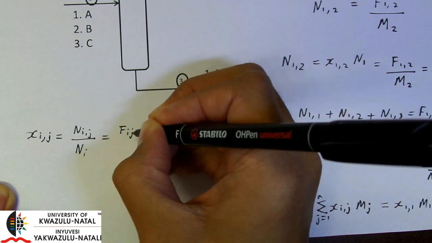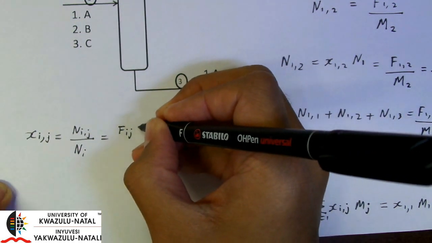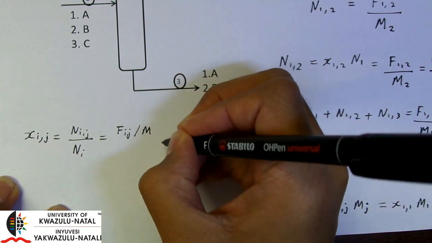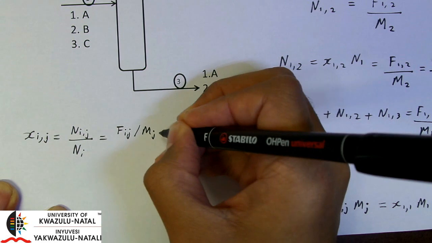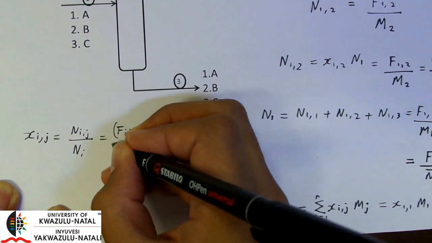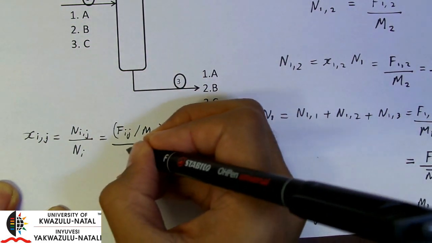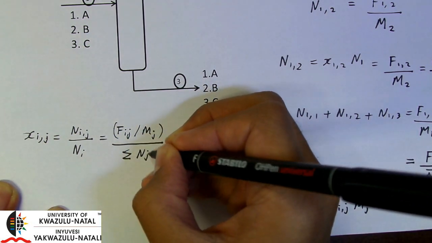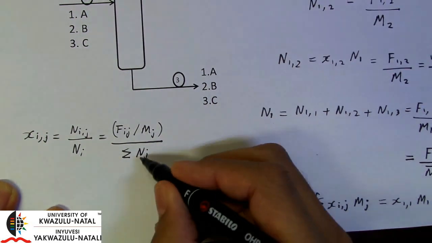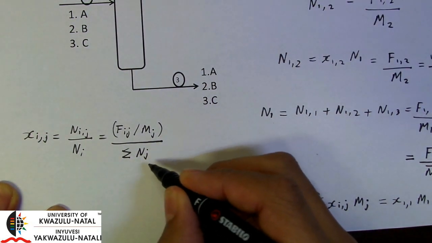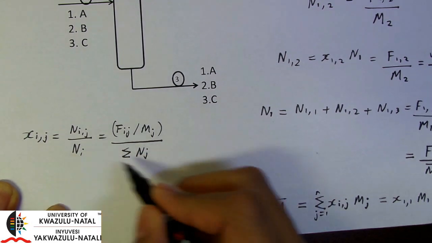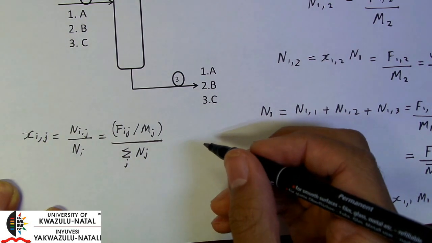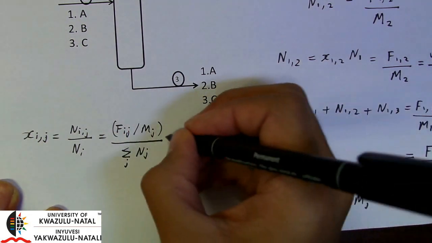So that's our mass flow rate of component J in stream I, over the molar mass of our specific component J, all over the summation of the molar flows of each component, which is of course equal to our Ni. And this is summing up J components.